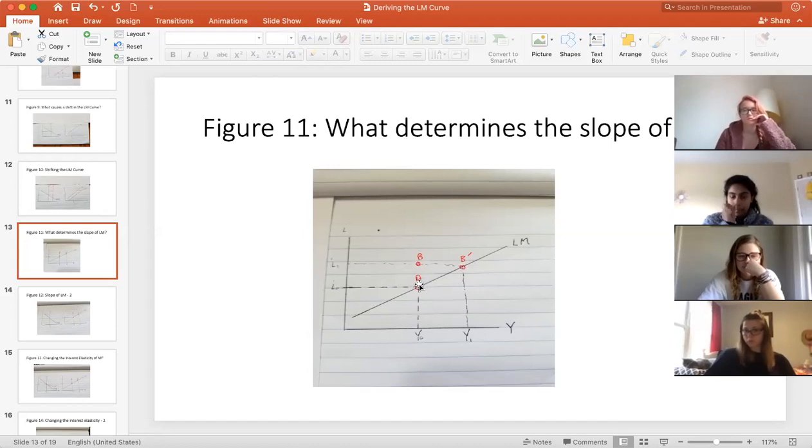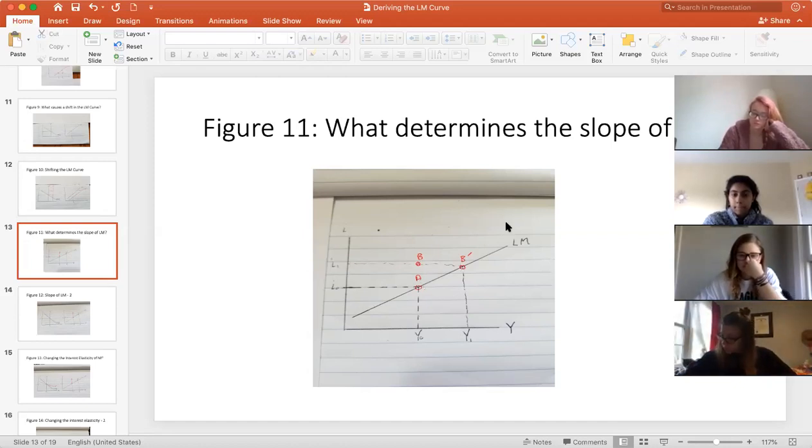If the interest rate rises a lot and GDP only has to rise a little, then we're going to end up with a pretty steep LM curve here, see? So the question is this distance versus that distance. All right, everybody with me? I haven't pulled the rabbit out of the hat yet.